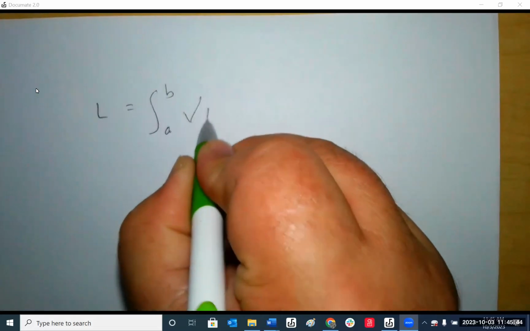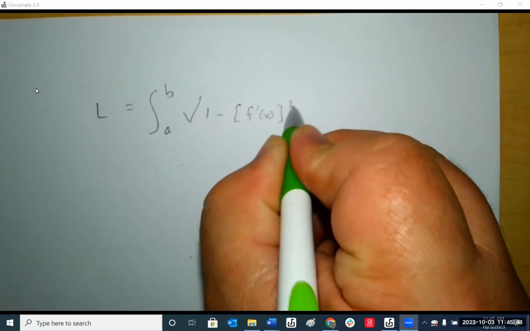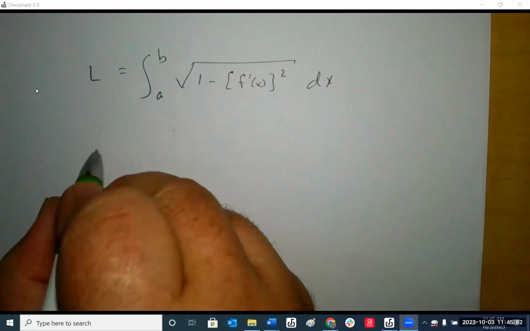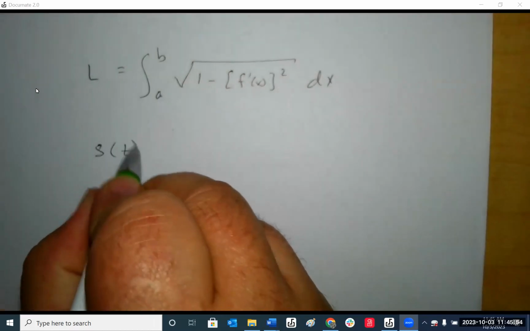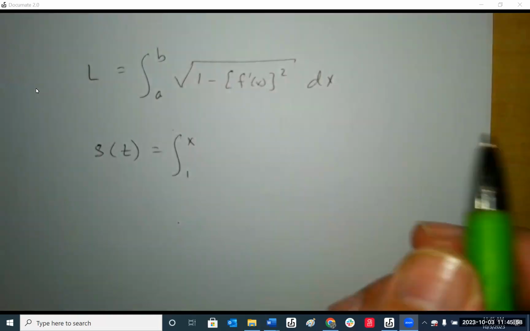So the difference is this. You go from 1 to x.